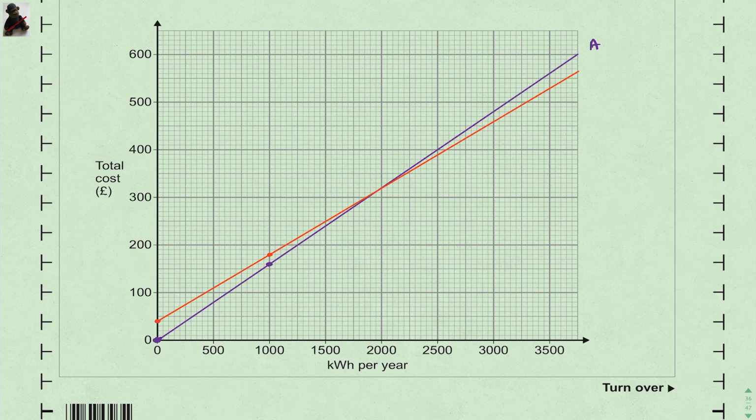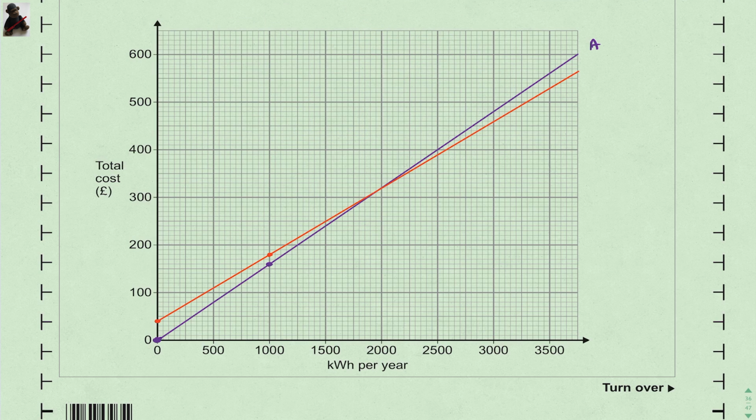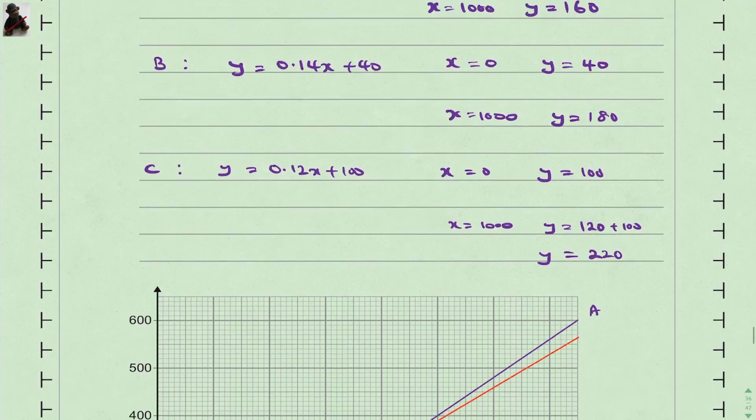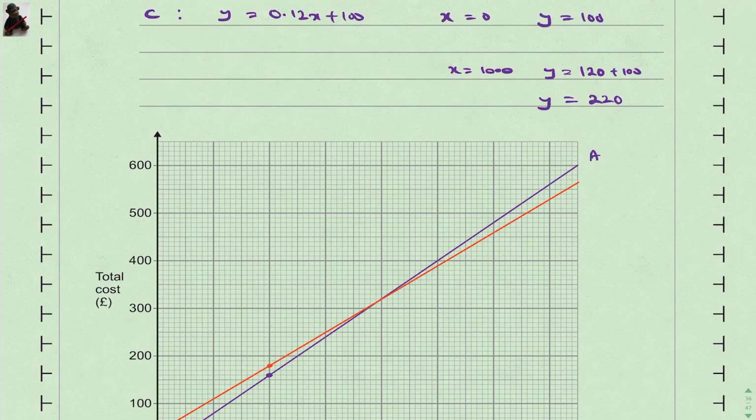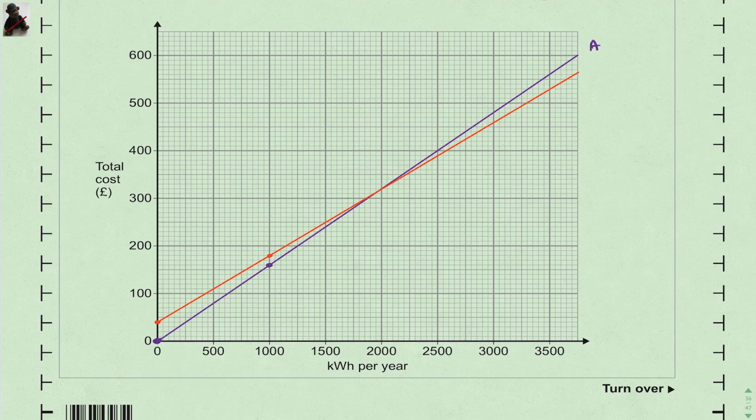Right. Now let's plot the third one, tariff C. When x is 0, y is 100.